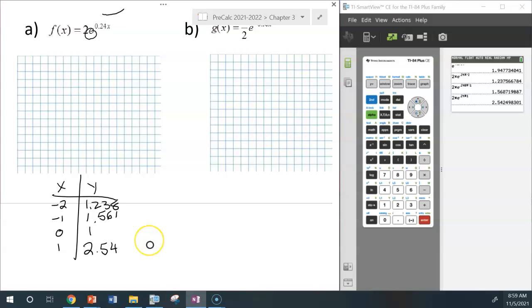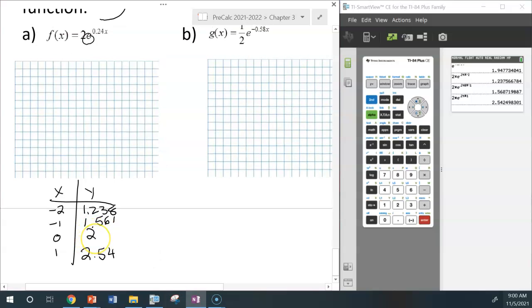And made a little mistake here. So I know when I put in my exponent, I'm going to get a 1 coming out when you have a 0, but this is a times 2. All right, so now let's graph this one. So at 0, I have a point at 2. Negative 2, it's 1.2. Right about there.